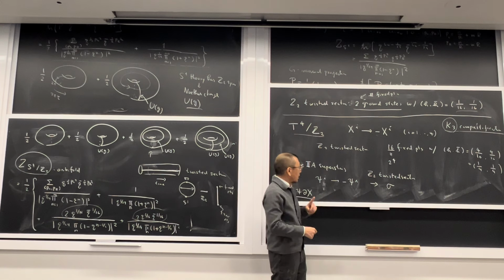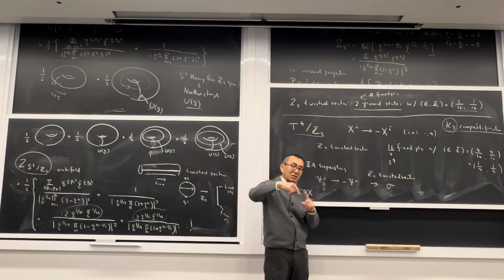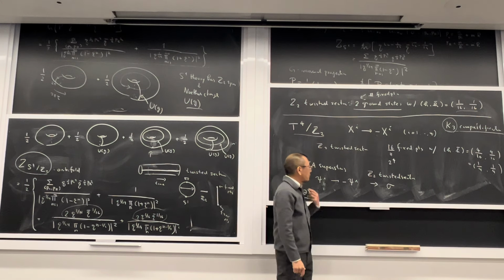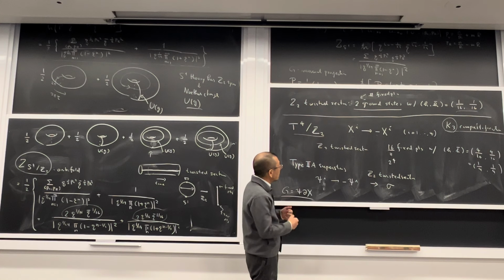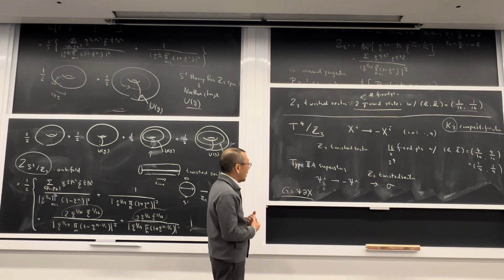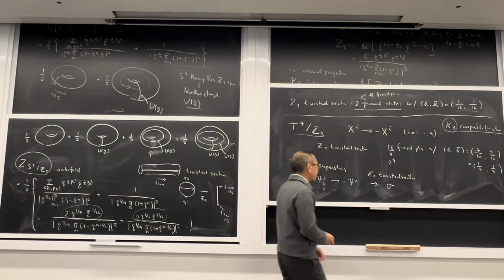But if you combine that with this action, a periodic boundary condition becomes an anti-periodic boundary condition, etc. So as far as the fermion is concerned, going to the Z2 sector is the same as going from NS to Ramond and Ramond to NS.